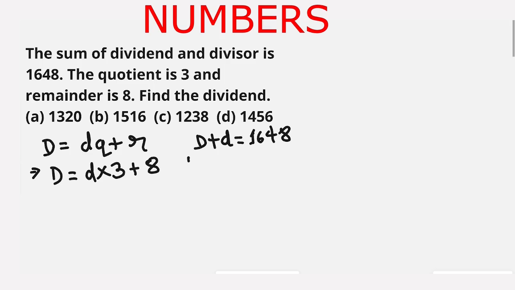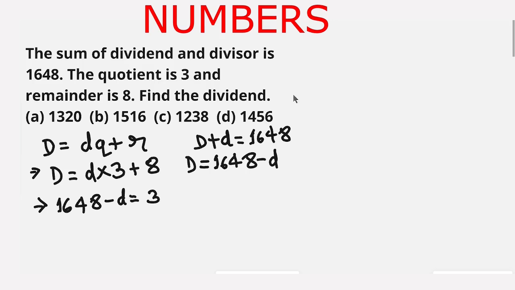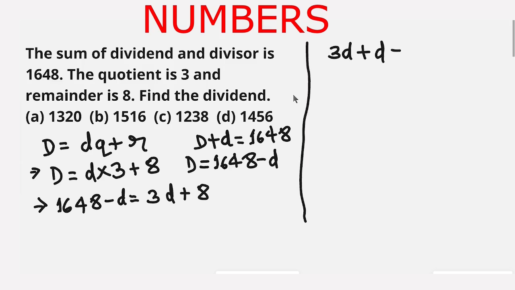Now it is given that dividend plus divisor equals 1648. This gives dividend equal to 1648 minus divisor d. We substitute the value of dividend and this gives 1648 minus divisor equal to 3 times divisor plus 8, and this gives 3d plus d equal to 1648 minus 8.